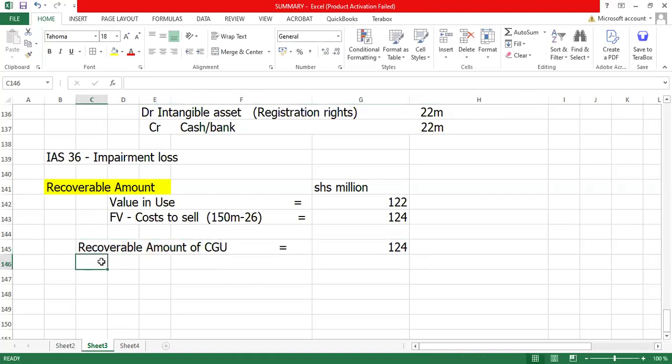Then what is the carrying value of this CGU?